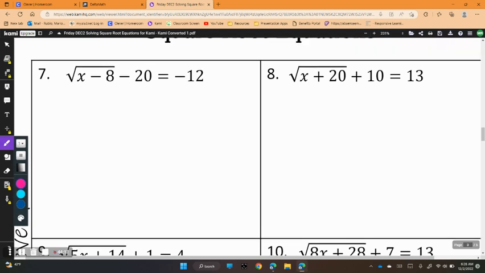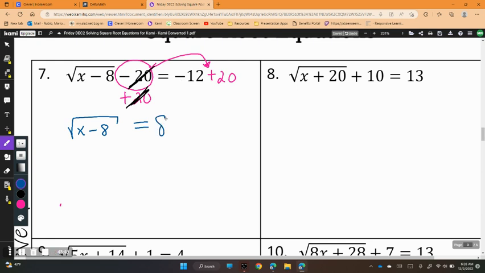Okay. I want to get rid of this first, and then I'll work on the radical. So I'm going to add 20 to both sides. Let me try another color here. These 20s cancel each other out. Negative 20 plus 20 is positive 8.